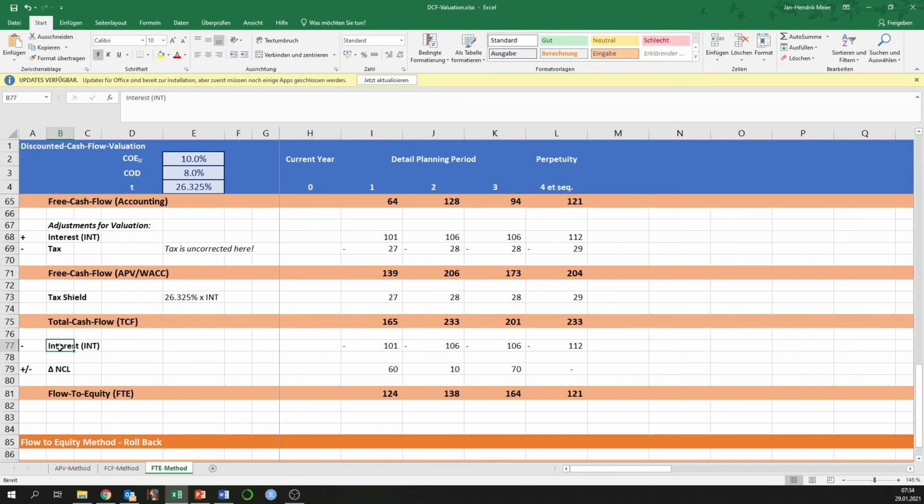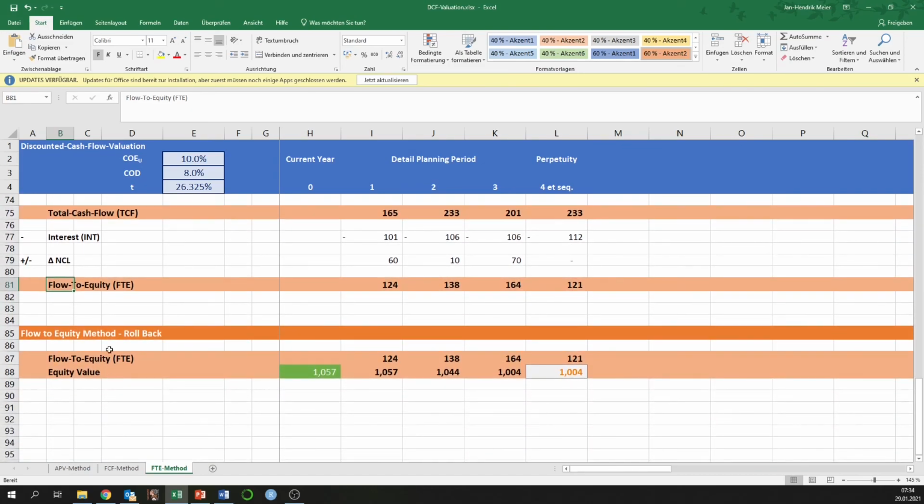We deduct the interest again, and we add the change of the non-current liabilities, and we end up with the flow to equity. So the flow to equity is the cash flow that is generated and is distributable to the shareholders. If it will be distributed, that's another question here, but it is theoretically distributable.